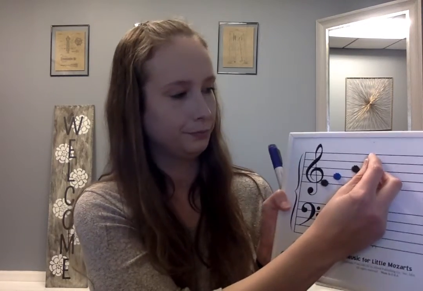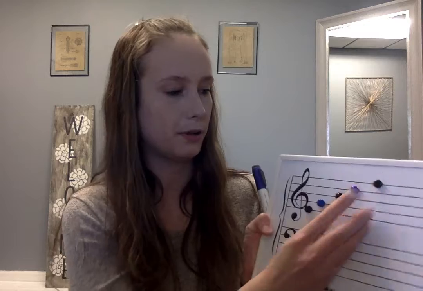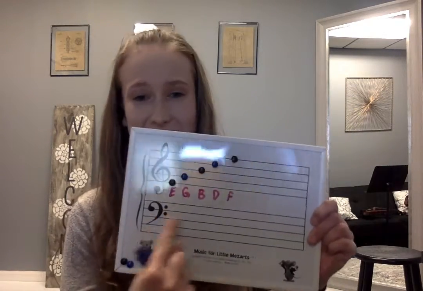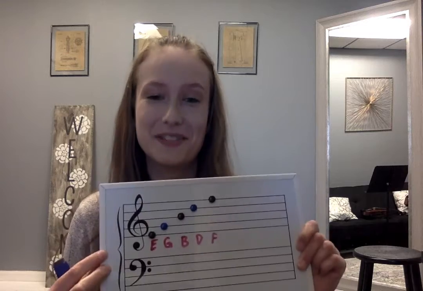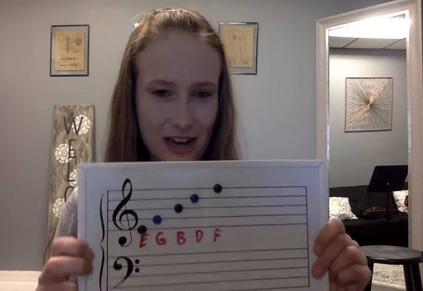Okay, so moving on to the line notes, we have 5 line notes in the treble clef. These ones are going to be E, G, B, D, and F. So E, G, B, D, and F. This doesn't spell a word, so it's a little bit trickier to remember because it doesn't spell anything.